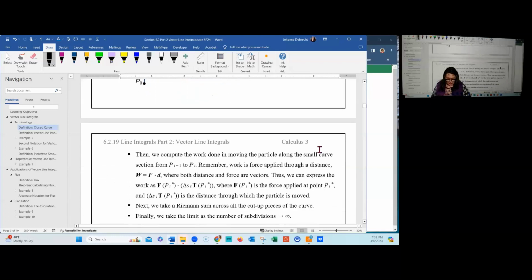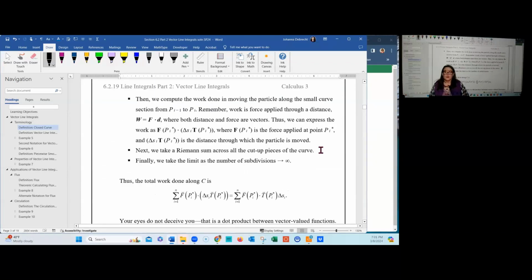How does this help us to find the work done? Well, if you'll recall, work is force applied through a distance. Work itself is not a vector valued function. It is, however, the dot product of two vector valued functions, the force and the distance. If we take the dot product of these two, we get the amount of work done on that small segment.